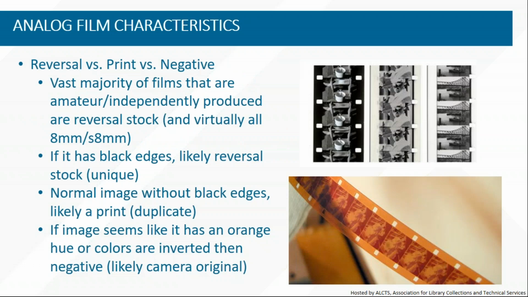Another important characteristic that we want to consider is the actual format generation of the film. Is it a reversal? Is it a print? Is it a negative? So the vast majority of films that are amateur and independently produced are reversal stock.